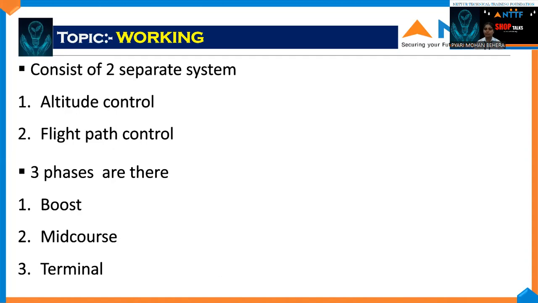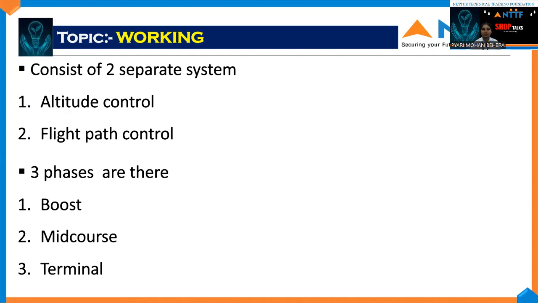So if a long distance is required, then the mid course occurs in that case, meaning the missile is broken down into parts in the mid course. Then terminal is the main phase, because the target is at the terminal. What type of distance and what type of target there is depends on the terminal phase, because this is the last phase, and if the last stroke occurs, then our mission is completed.